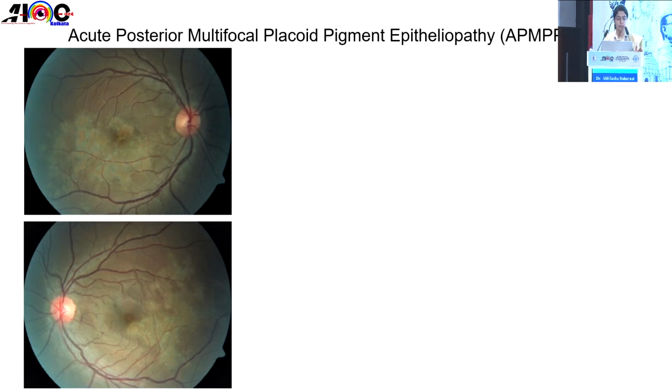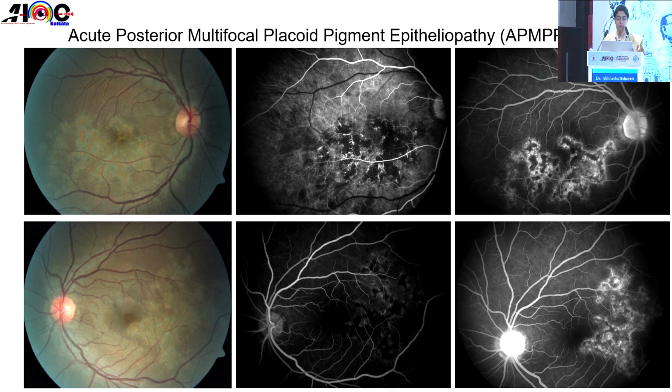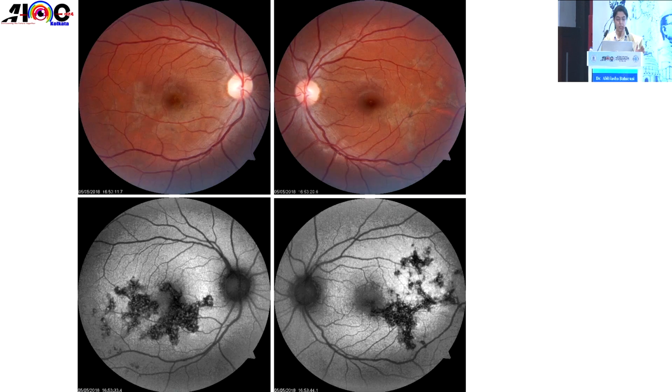Going on to the next set of diseases, APMPPE. This patient presented to me when she was almost healing. So this is a case of APMPPE. Early fluorescein angiogram shows hypofluorescence, and late shows staining. Unlike serpiginous, here all the lesions are of the same age, and they generally heal without treatment.